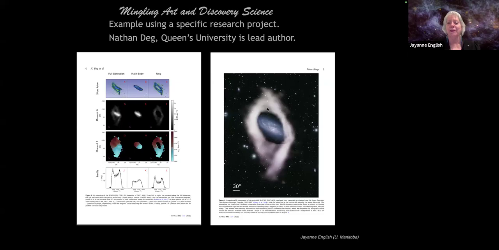And so we still have a bit of velocity information when we make an image like this that's a combination of the optical and the neutral hydrogen gas ring. Now I want you to notice here that this is a figure in a paper, but it's simultaneously a public outreach image. So when you make public outreach images, they're not decoupled at all from your research. They still go into your professional papers.